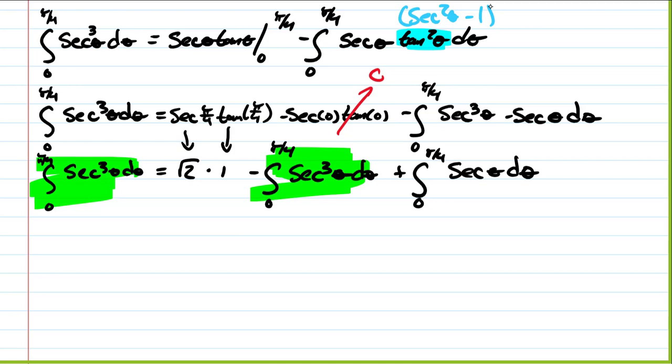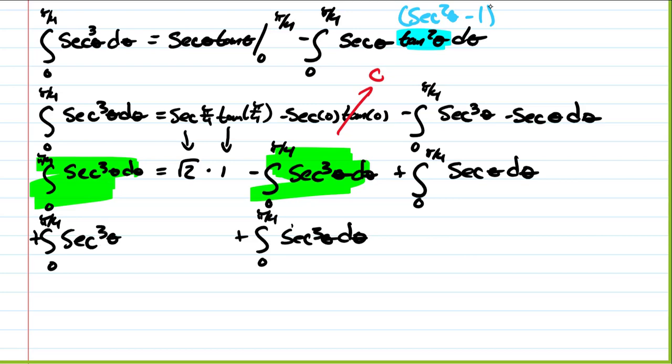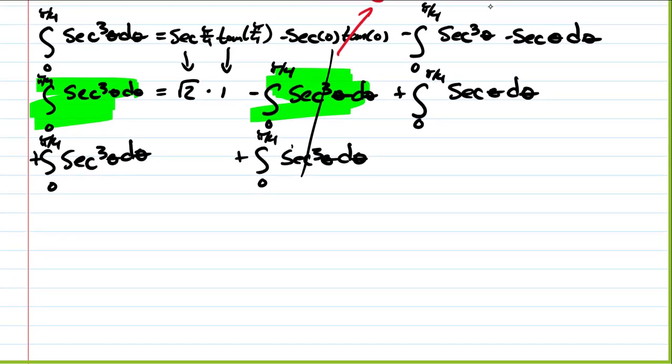So if I add the integral from 0 to pi over 4 of secant cubed theta d theta to both sides, on the left side, I'm now going to have two of them, and on the right side, they're going to cancel out.